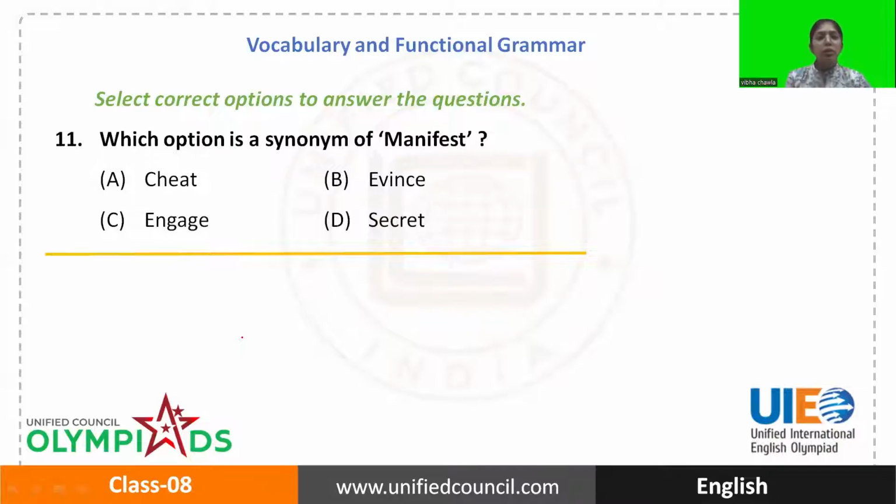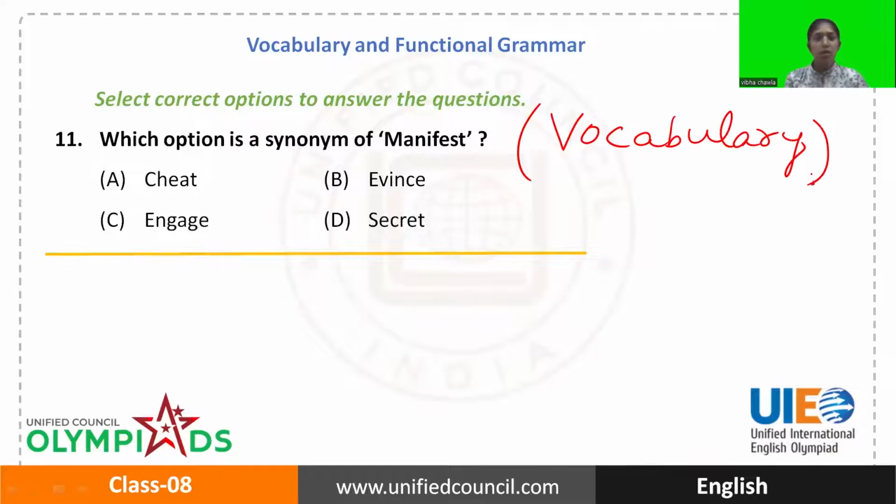Thereafter, we have question number 11 from vocabulary. In this, we have to tell which option is a synonym of manifest. Cheat, avenge, engage, or secret. If I talk about the word manifest, you manifest something in something.